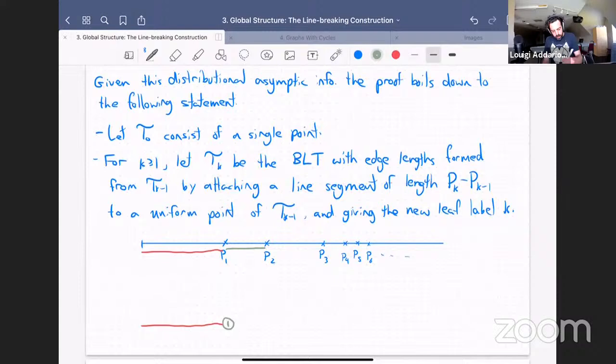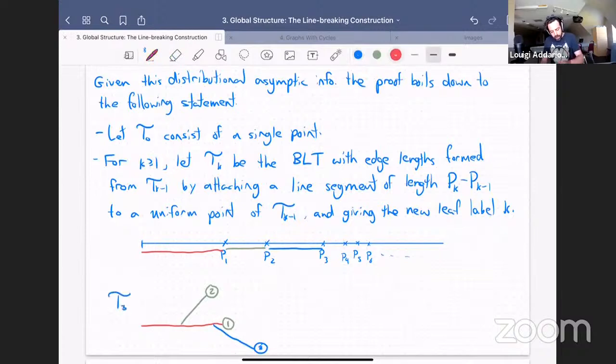Then our second branch has this length and a leaf with label 2 at the end, and this attachment point was just uniform along the length that I'd previously constructed. Then the third branch has this length and attaches to a uniformly random point. Maybe it attaches here, it has 3 at the end, and so on. So this is the tree T_3.